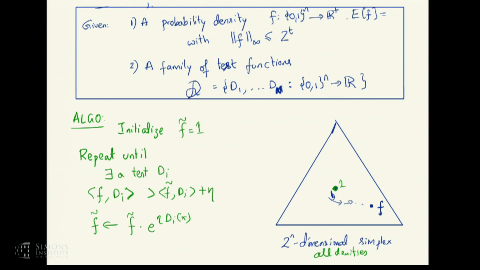So, and the key is that whenever you do this gradient descent update, you actually move closer to f in KL divergence. Okay, so at each step, the KL divergence to f, the KL divergence to the distribution f of f tilde and f decreases.